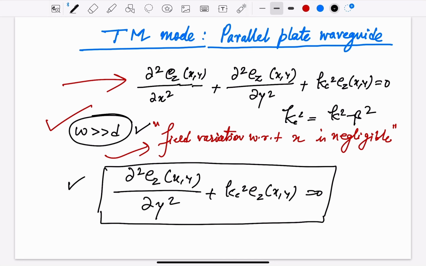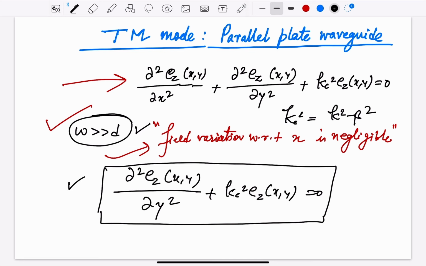Like this, this is beta eta over k, and the k you already have in terms of the cutoff frequency. So yes, you can write these things like this. The final will be eta under root 1 minus fc over f to the whole square. So this is the wave impedance for the TM mode.